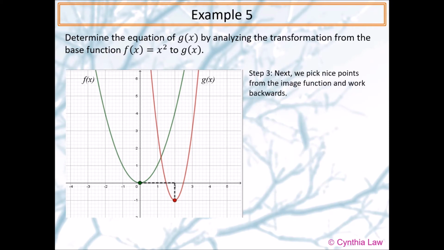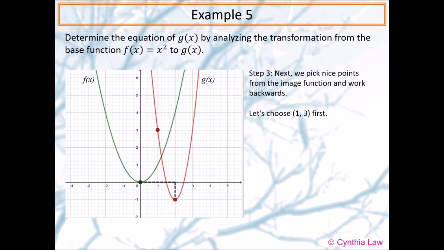Step 3. Next, we pick points from the image function and work backwards. Let's choose the point 1, 3 first. If we apply the transformation slowly, we have from f of x, x, y, and then we have a middle curve that has only the stretch or compression.